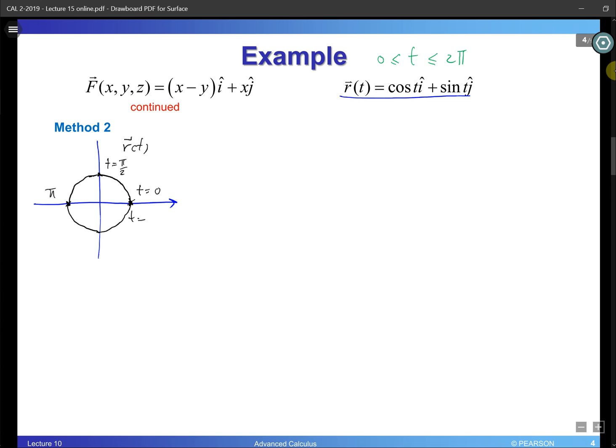This time equal to 2 pi. Alright, so we want to find this, the line integration of f dot dr along this curve C, and the formula for the first form is this.